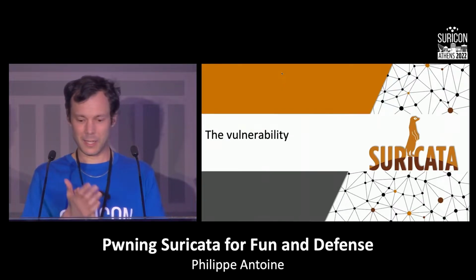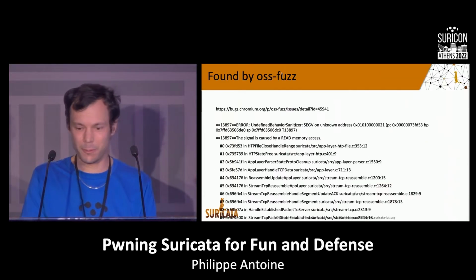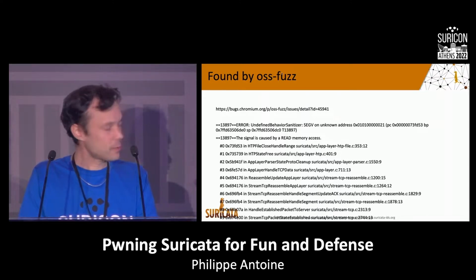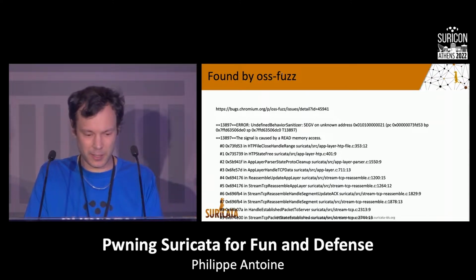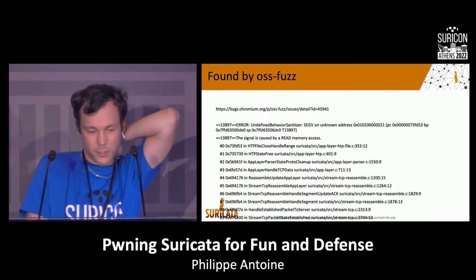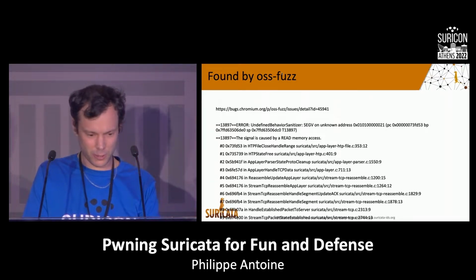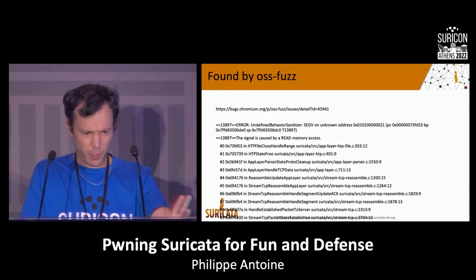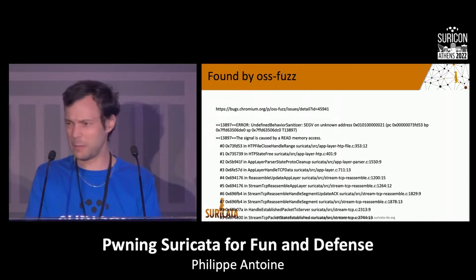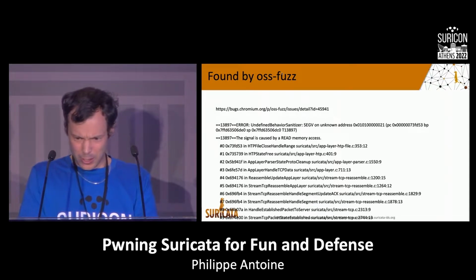So let's start with the vulnerability. It was found by the excellent OSS-Fuzz from Google. You have the bug ID if you want to go there, and we first got this stack trace. My first impression was that there is the range stuff, which was a feature that I added that already had many bugs, and I said, okay, there is one more bug to fix.